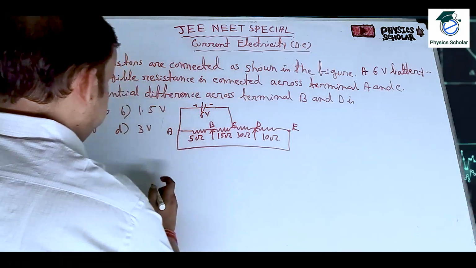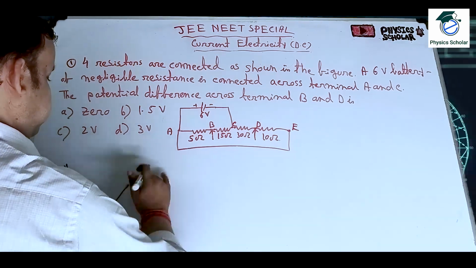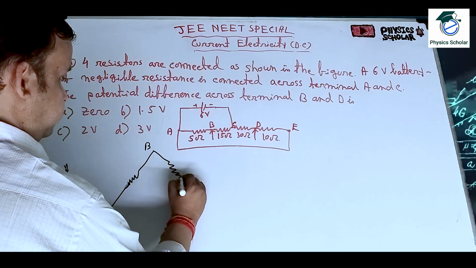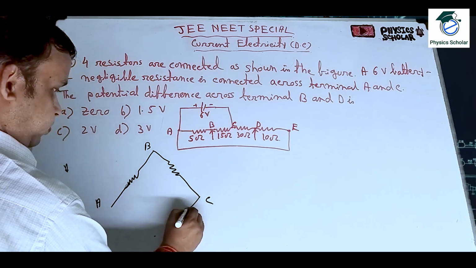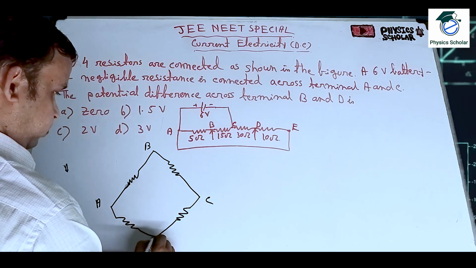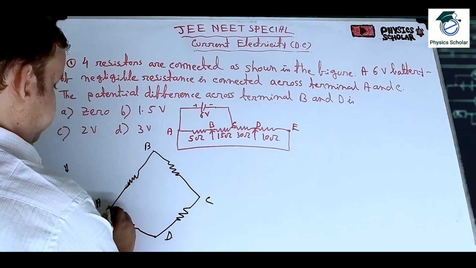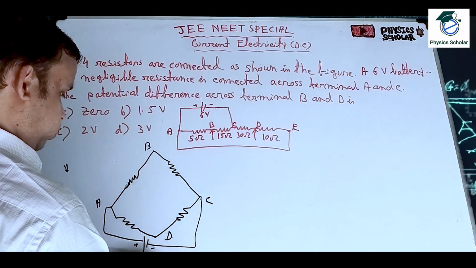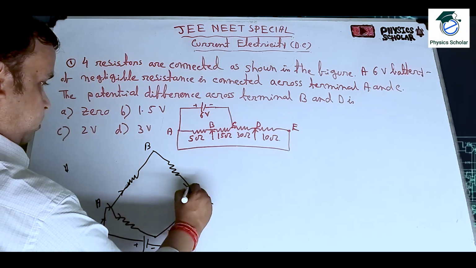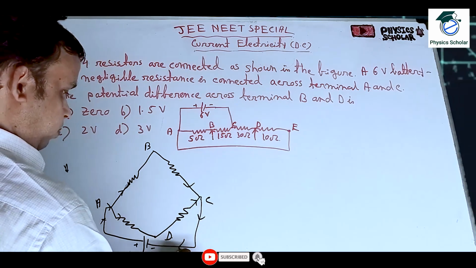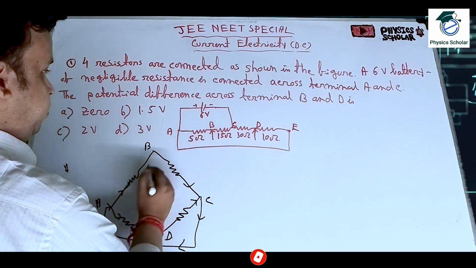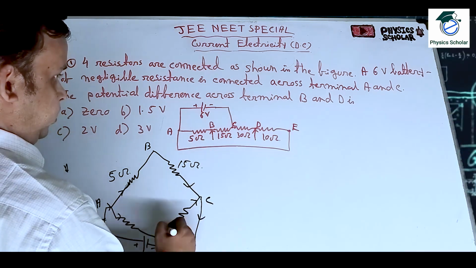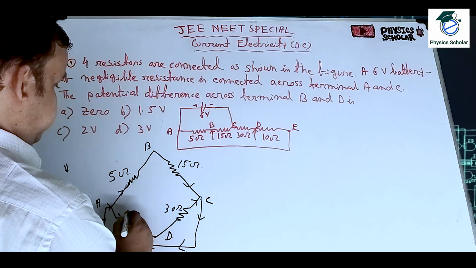So what will the diagram be? It is A, B, C, D. The battery of 6 volt is connected across A and C. The current will come from here, and again it will come back to the battery. AB is 5 ohms, BC is 15 ohms, CD is 30 ohms and the last is 10 ohms.